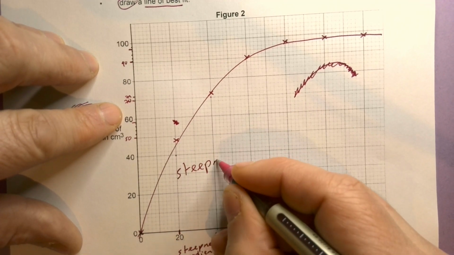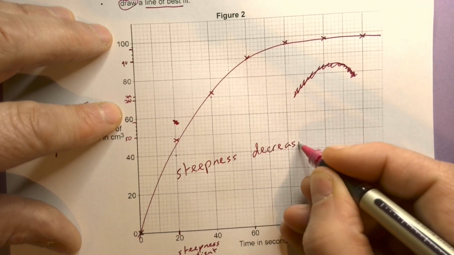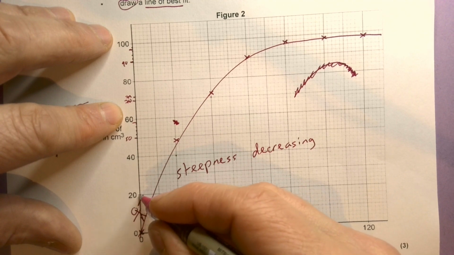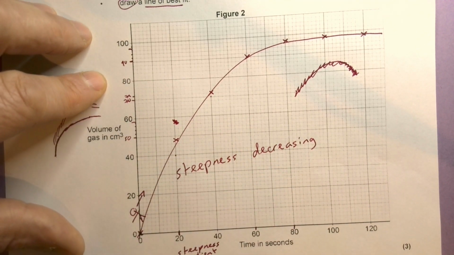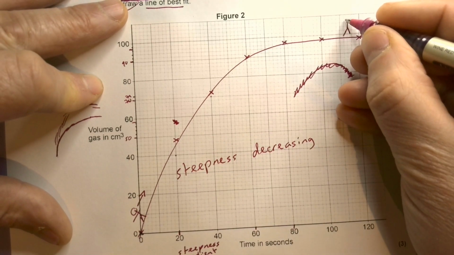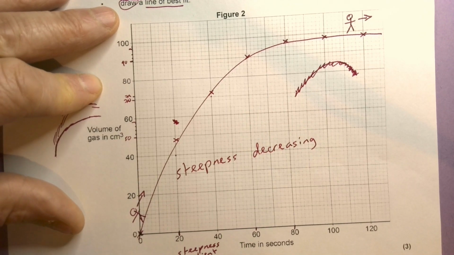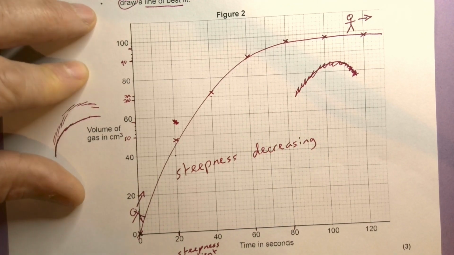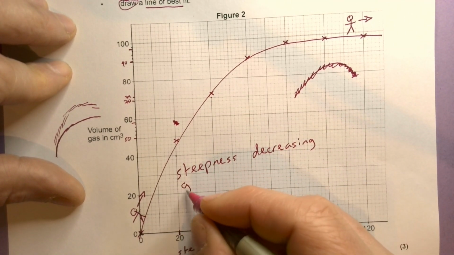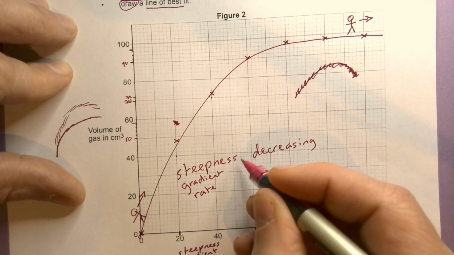So the steepness is decreasing. I quite often think of graphs as hills and valleys. If you're walking up this, it's really steep to begin with, and by the time you get up to the top here, it's less steep. Okay, and the arrow is the direction you're looking. So the steepness is definitely decreasing. Even though you're going uphill, the steepness is decreasing. And the steepness, another word is gradient, and another word for the same thing is rate.